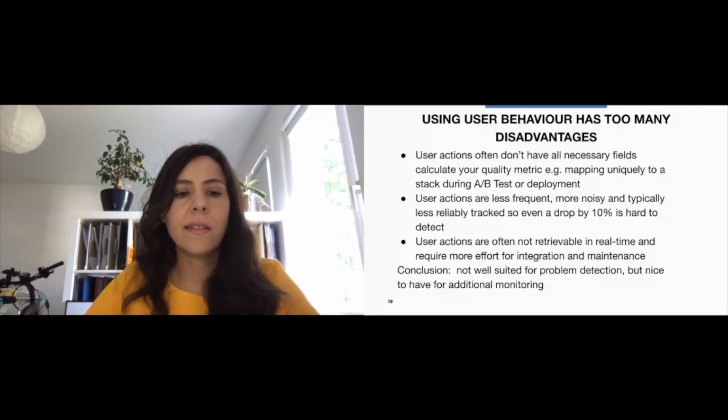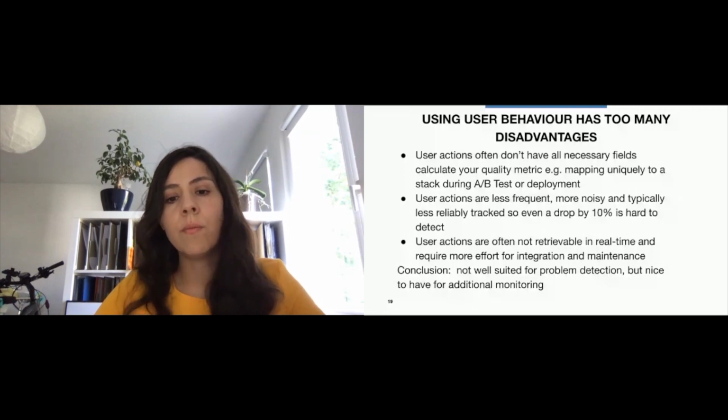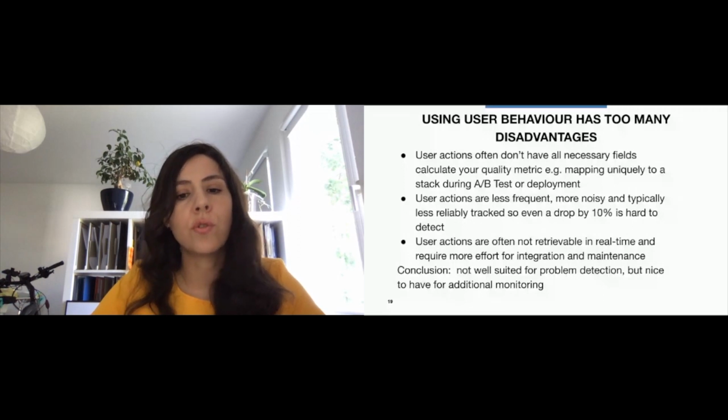And the last disadvantage of taking user actions to detect these issues is they're often not retrievable in real time. Let's say you want to use the Google Analytics logs, and they require more effort for integration and maintenance. So it would be nice to have them, maybe have them additionally if you have time, but they are not the most suitable to detect the problems I just described.